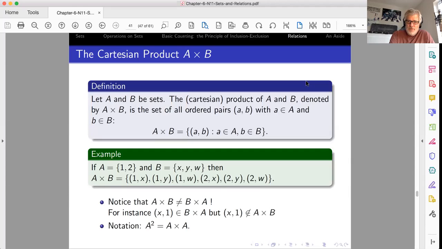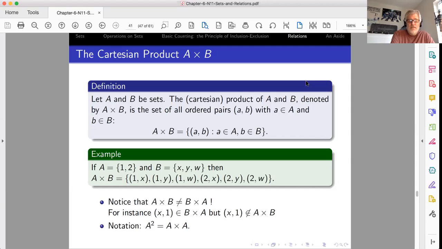Cartesian product of sets. So this is a new operation on sets, but we're not going to play much with the actual product itself. It's just there to talk about the collection of ordered pairs. So if I have two sets A and B, their product, which is denoted in the obvious way A times B, is the set of all ordered pairs where the first component comes from the set A and the second component comes from the set B. So it makes a difference, right?